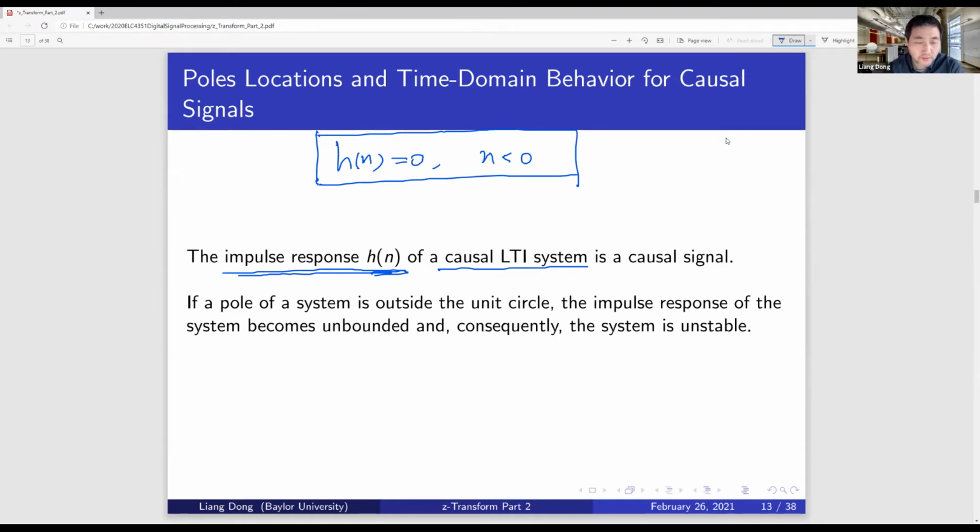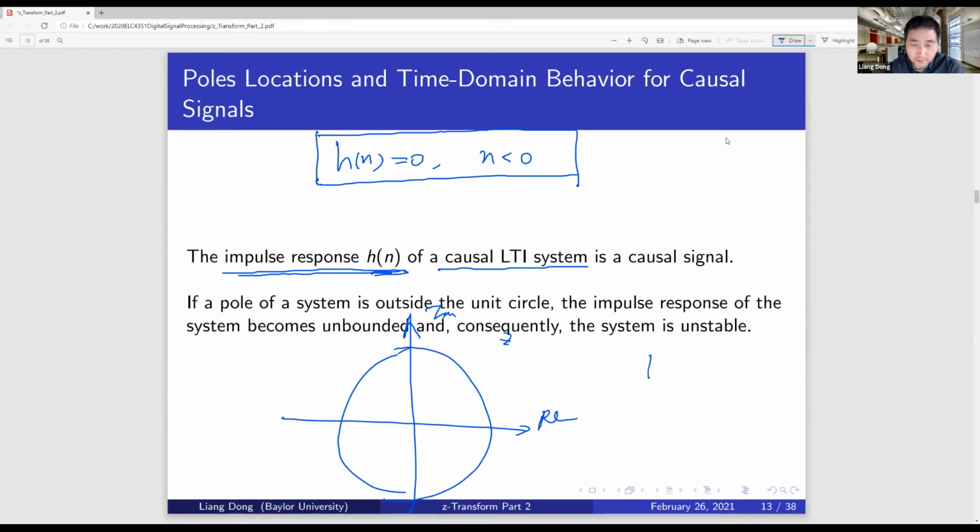As we see all these pictures before, now if I have here the Z domain, this is the unit circle, this is the real part, imaginary part. So I am looking at the Z domain, but I'm looking at H(z). If I have a pole outside the unit circle, whether it's a complex conjugate pair or somewhere here, then H(z) will become infinite.